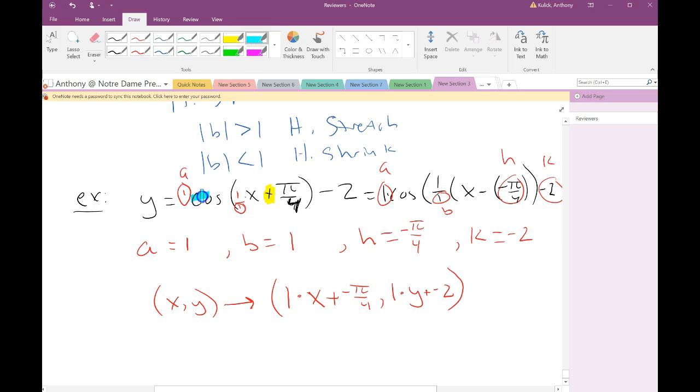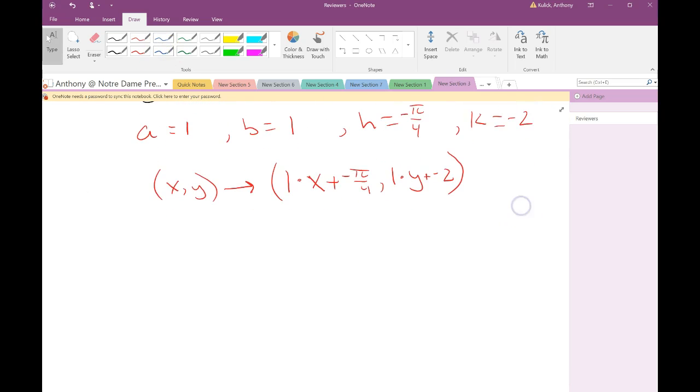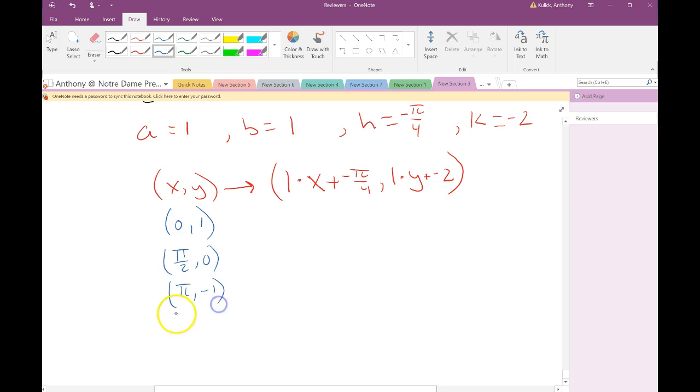Okay. Now I'm going to list my key points. One thing I want to point out to you is that we're talking about the cosine function, so the key points are different. So if you go back and look at the key points for cosine, they are as follows. I'm just going to write them down in the interest of time. Whether you're dealing with a sine function or a cosine function, those have different key points.